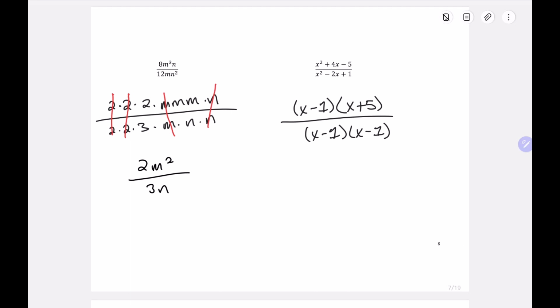If we look at the same process, we can cancel an x minus 1 in the top and the bottom, and our answer would be x plus 5 all over x minus 1.